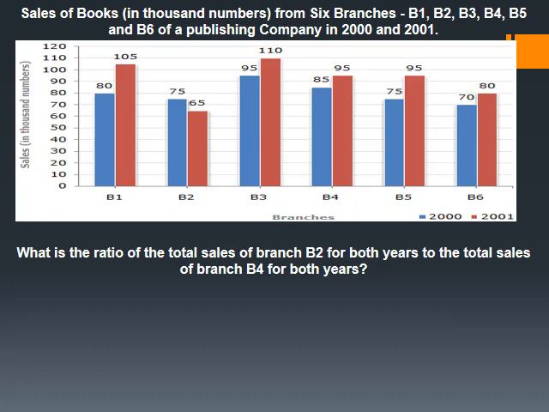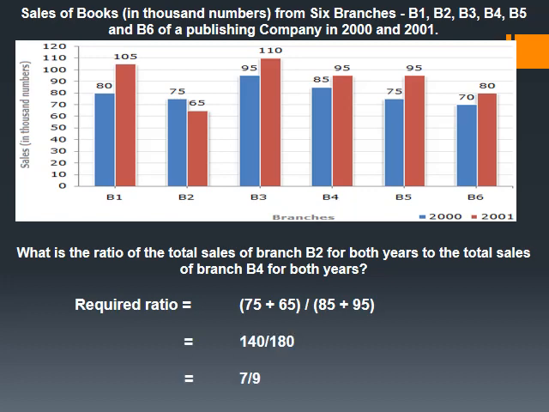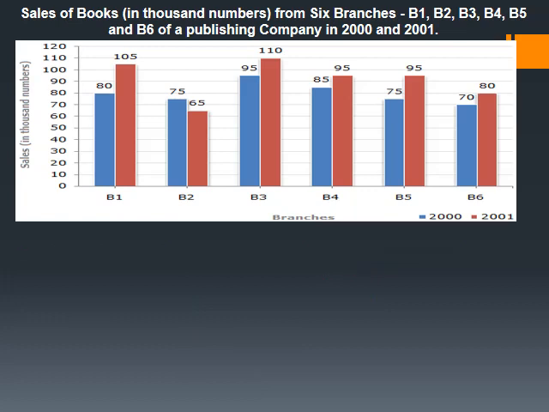Even though it is given in 1000 numbers, we don't go by that, because it's a ratio, so we don't have to go exactly by how many thousands there are. These numbers will suffice. So the ratio is 75 plus 65 divided by 85 plus 95, and we get the ratio 7:9.